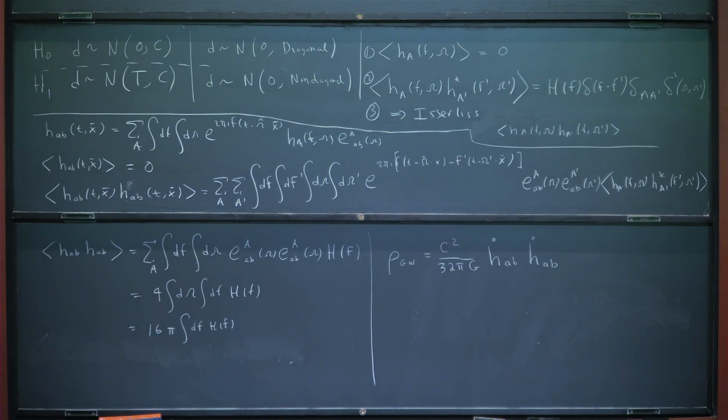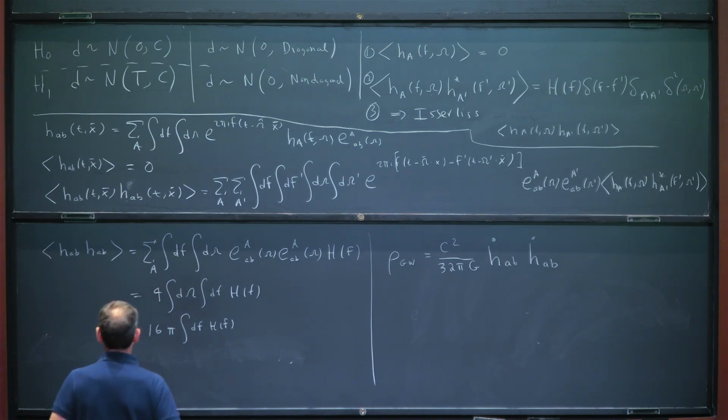Now, the beauty of this is I don't have to do any more work. Because if you look at the calculation I did, suppose that before we take the expected value, we take a time derivative of h. When we take a time derivative, all that happens is that exponential, e to the 2 pi i f t, brings down a factor of 2 pi i f.